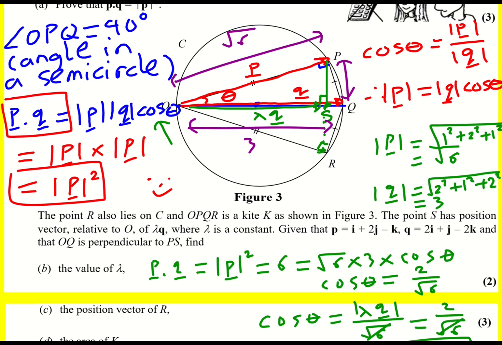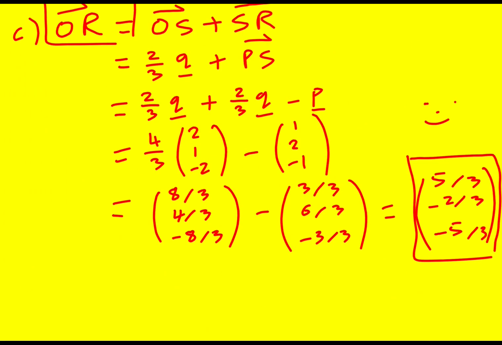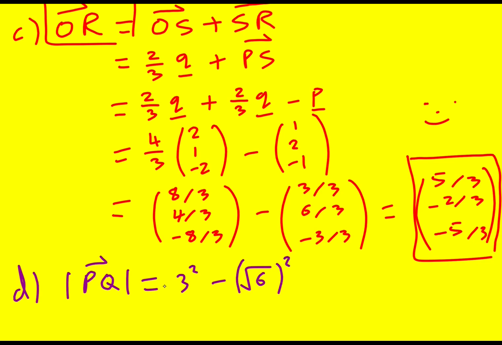Remember, this is going to be the hypotenuse, is 3. So PQ is going to be 3 squared minus root 6 all squared, square rooted, which is 9 minus 6 square rooted, which is root 3.